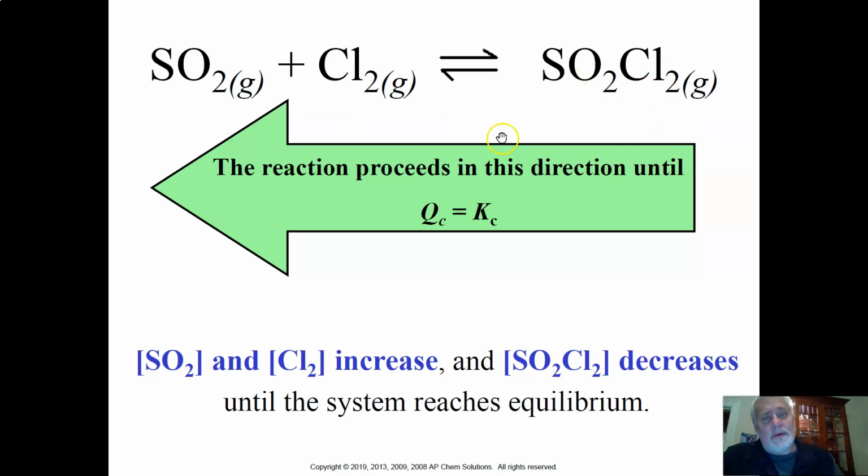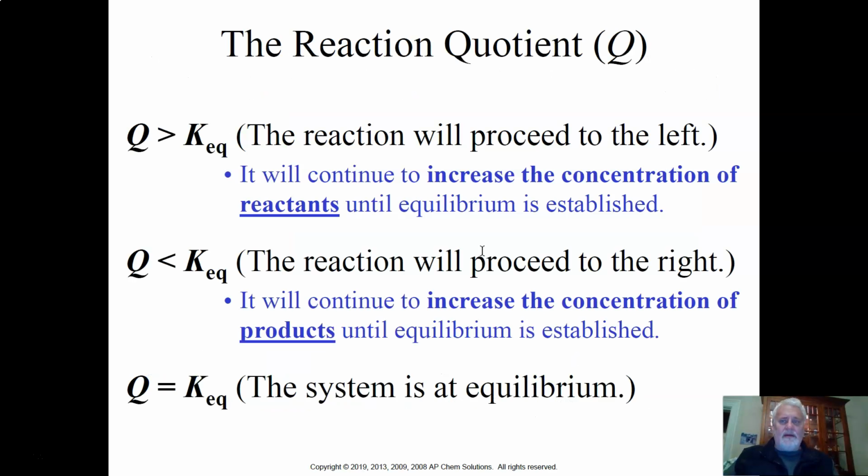It's just going faster in this direction for a time until it reaches equilibrium. So these both will go up and this will decrease until equilibrium is established. If you want, in your notes, put that little tiny arrow to the right, just to remind yourself that it's always a dynamic system going back and forth.